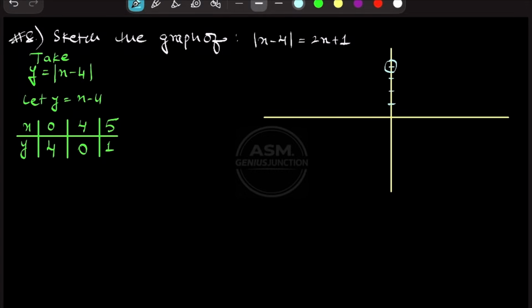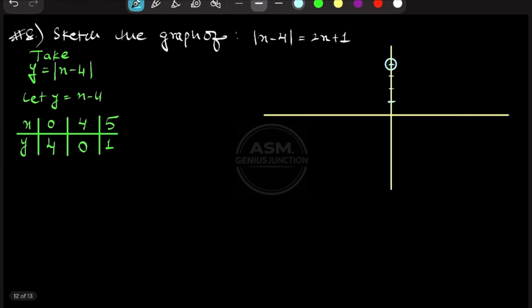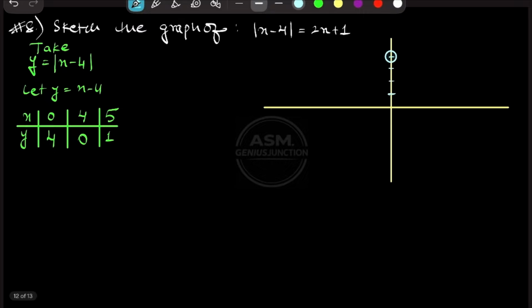So 0 comma 4 is this point. Then you have a point 4 comma 0. So let's take this as 1 2 3 4. So this is going to give you 4 comma 0, and there is one more point, 5 comma 1. So this is 5 comma 1.